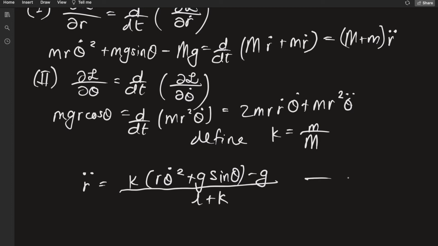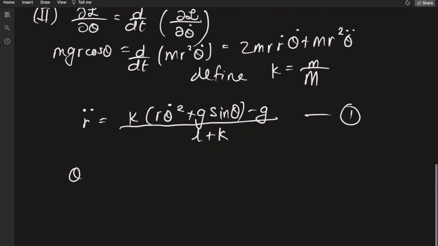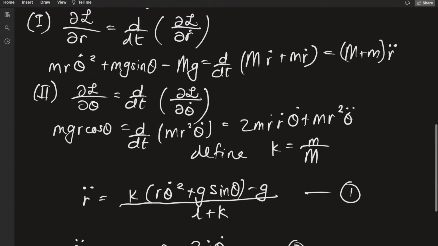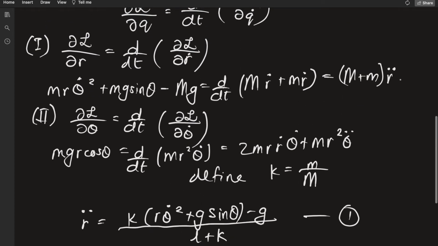That is equation number 1. Second, theta double dot is g cosine theta minus 2r dot theta dot, divided by r. That's equation number 2. You get these by rearranging these raw equations we had here, which I'll call A and B.